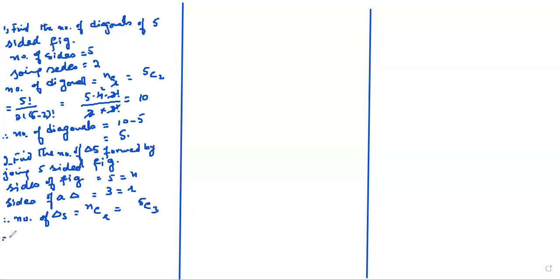So it will be 5 factorial divided by 3 factorial and (5 minus 3) factorial, which equals 5, 4, 3 factorial divided by 3 factorial and 2 factorial, which is 2. 3 factorial gets cancelled. 2 twos are 4, and 5 twos are 10. So there would be 10 triangles.